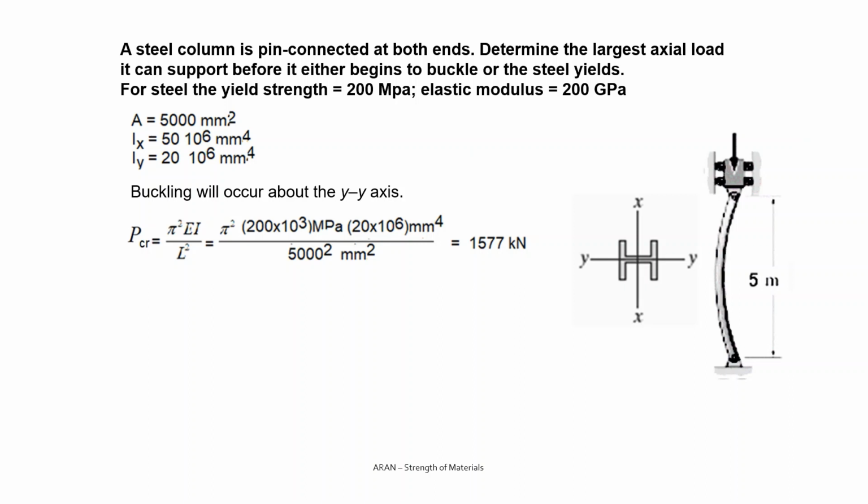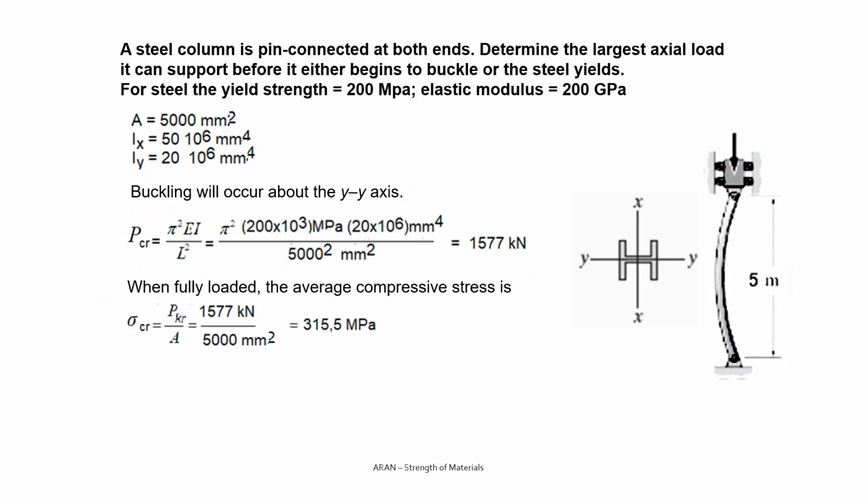Let us calculate the buckling about Y. This is my formula: elastic modulus, moment of inertia, the length of the column. So we have a critical load of 1577 kilonewton. That is the force where buckling will occur.